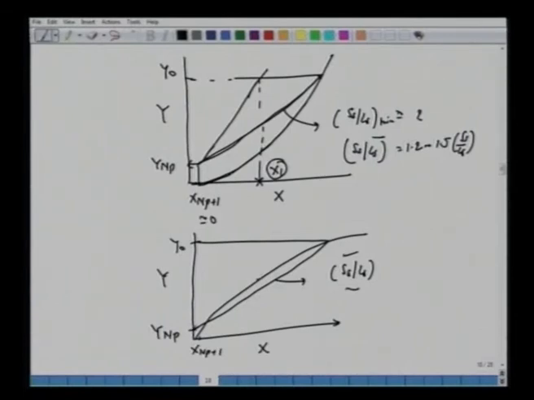That means you take this point and find the tangent, where it touches this point here. One is supposed to calculate this slope here.